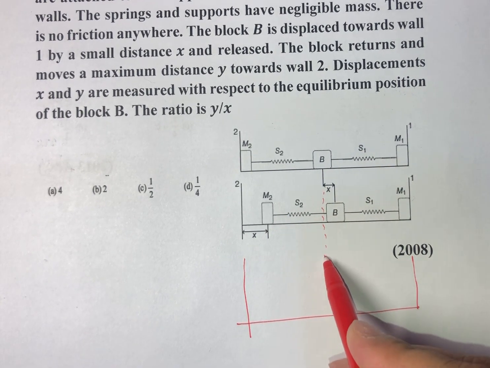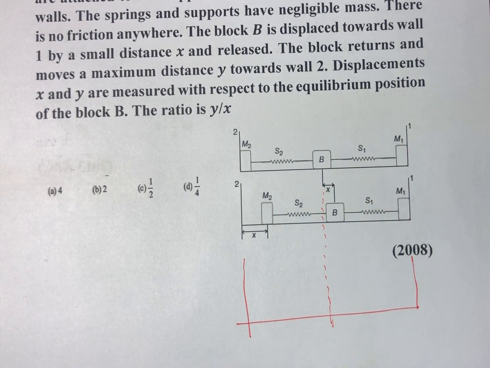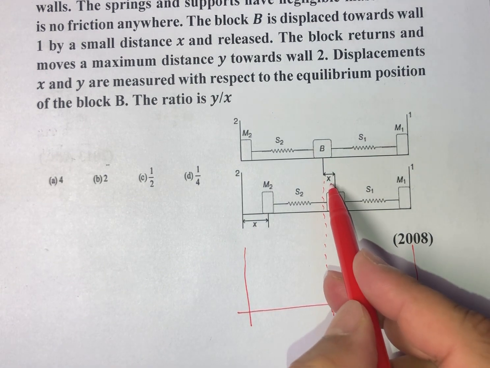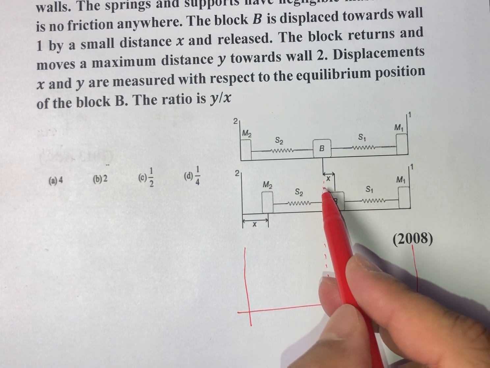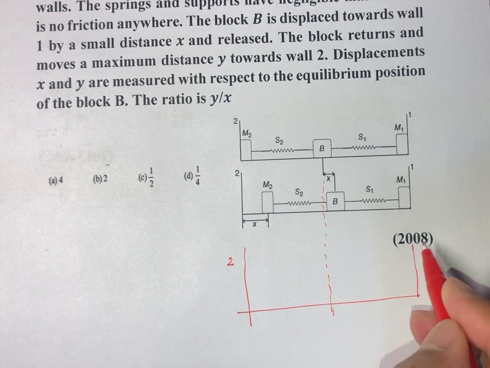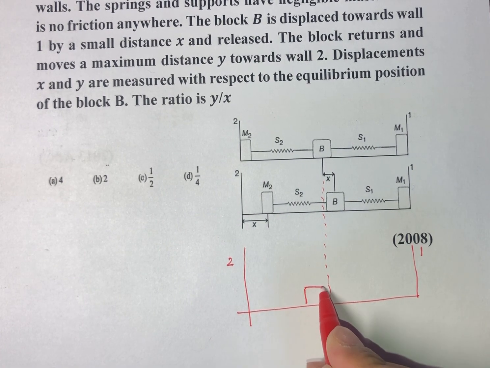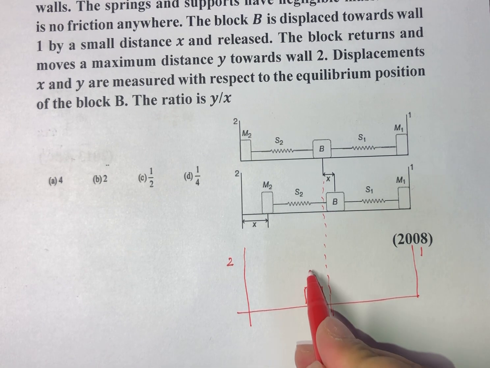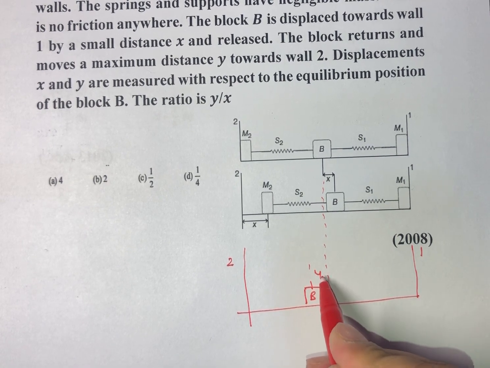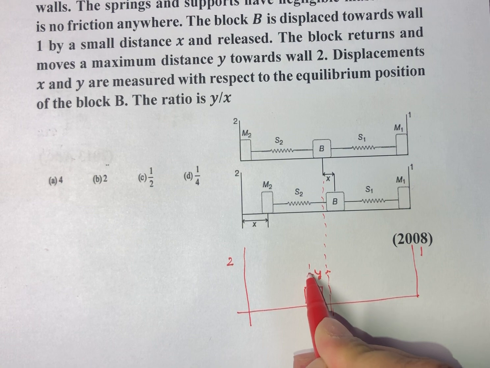So this is the mean position. Now B is at a distance y from the mean position towards wall 2. So this is wall 2 and this is wall 1. So in this case, B is at a distance of y from the mean position.